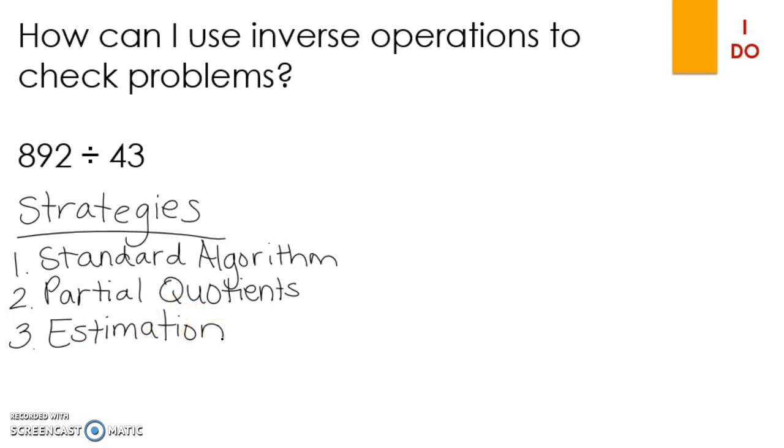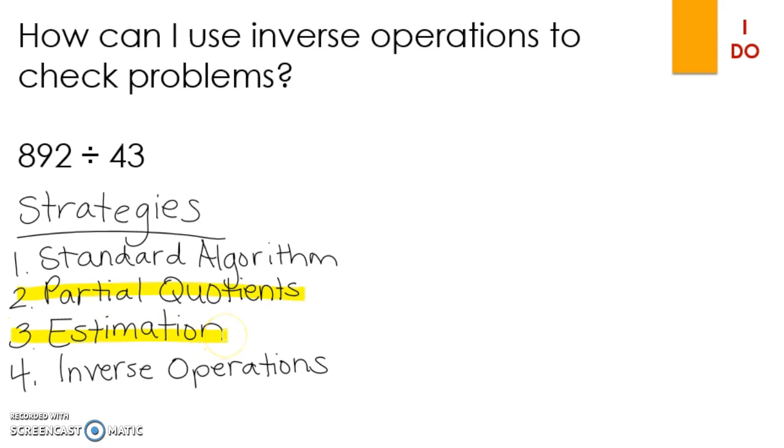And today we're going to add another strategy, which is inverse operations. Now I'm going to highlight the ones that we use for checking. You can use partial quotients to solve or to check. You can use estimation to solve or to check.